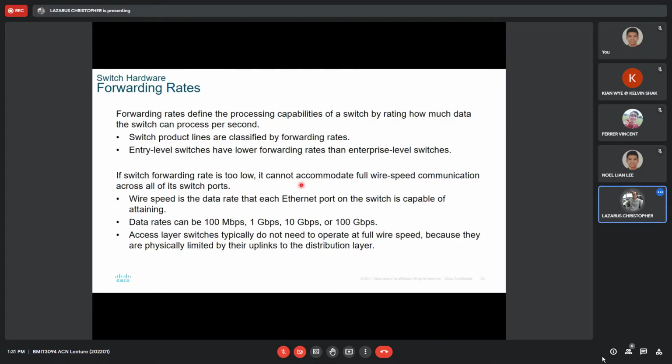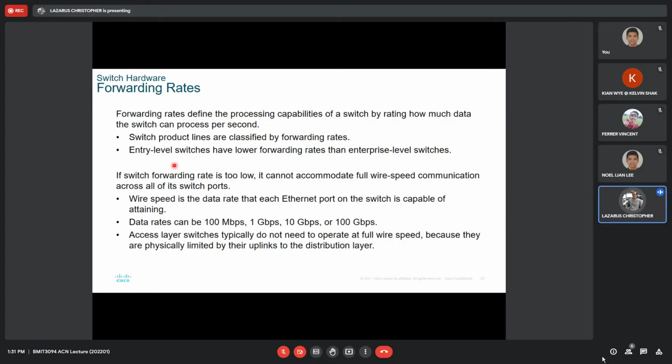So if you want to get close to that speed, your forwarding rate must be fast, right? Forwarding rate is like the latency within that device. So if it's too low, it means latency is high.